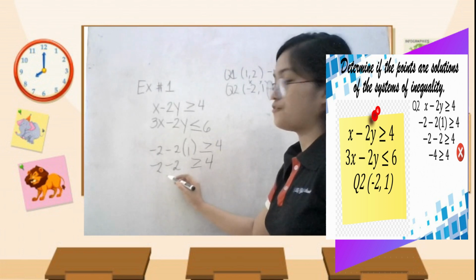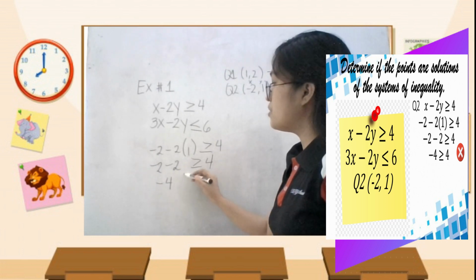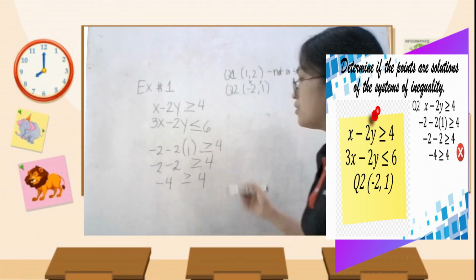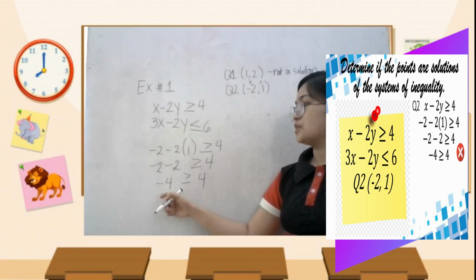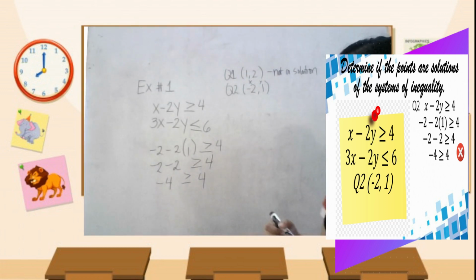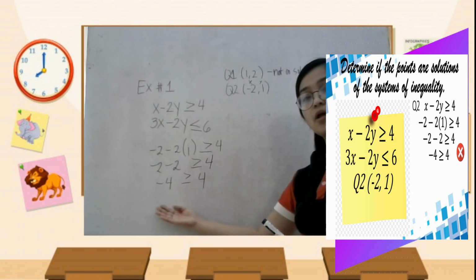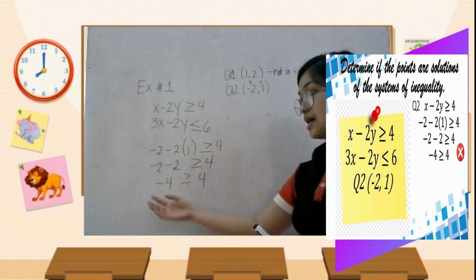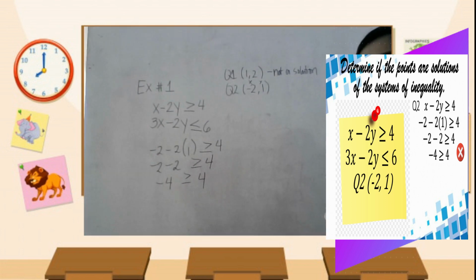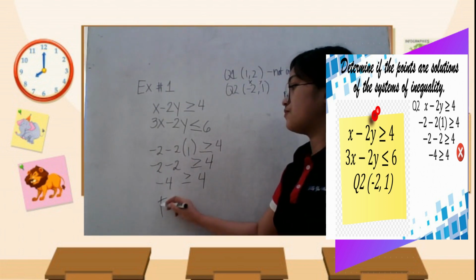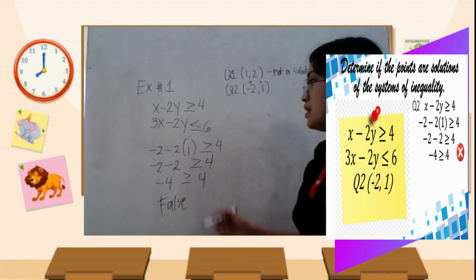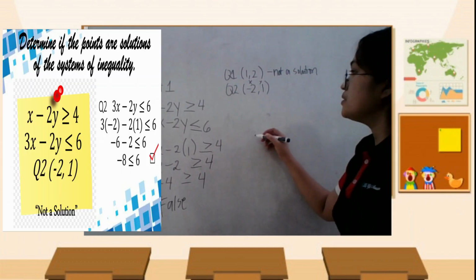Negative 2 minus negative 2 is negative 4, greater than or equal to 4. Is negative 4 higher than or equal to 4? Yes, they are both 4, but one is negative. Okay? And negative is really lower than positive. So, this is false.